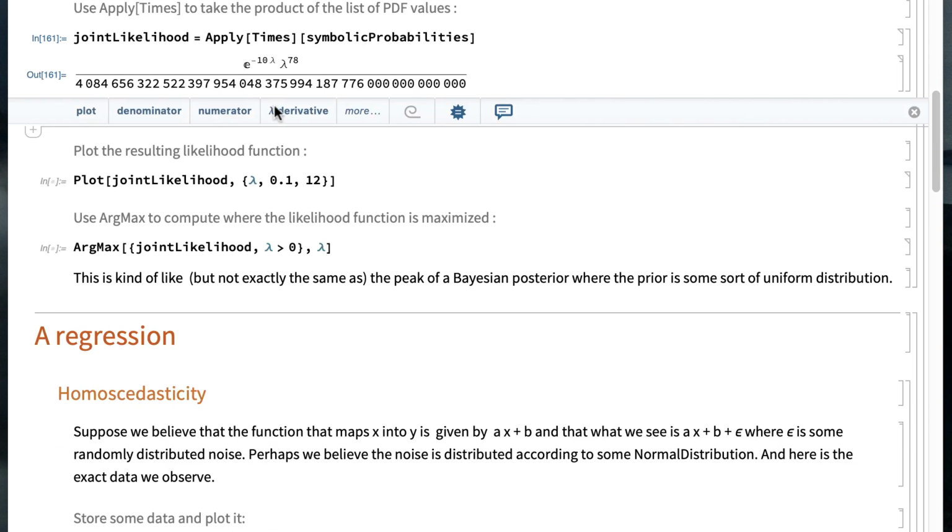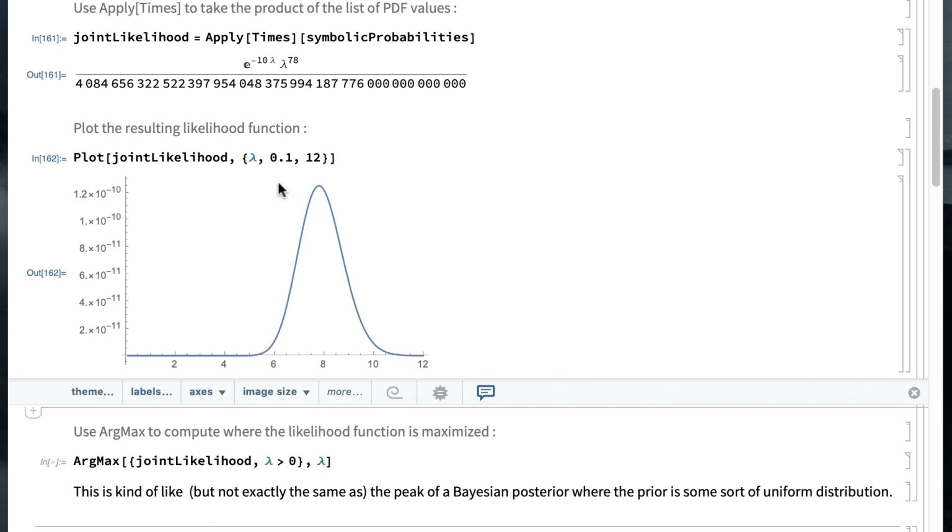And you can see the only variable in this is lambda, and so we can plot this joint likelihood value over lambda, and I'll let lambda go from 0.1 to 12. All right? And so there it is. And we could then use ArgMax to figure out where the likelihood function is maximized. So we're going to have our syntax here.